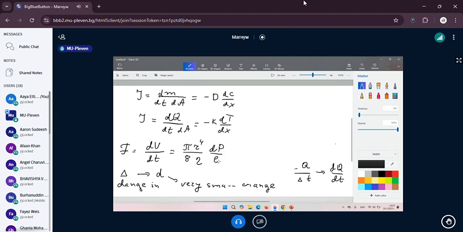But in case of unit distance, you may write dP dx, which is the hydrostatic pressure gradient or mechanical pressure gradient. So, the gradient of pressure producing flow.